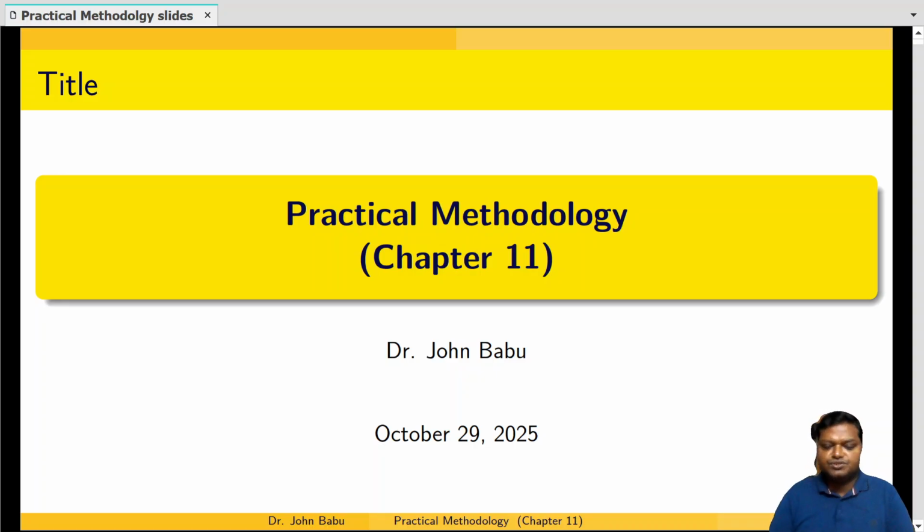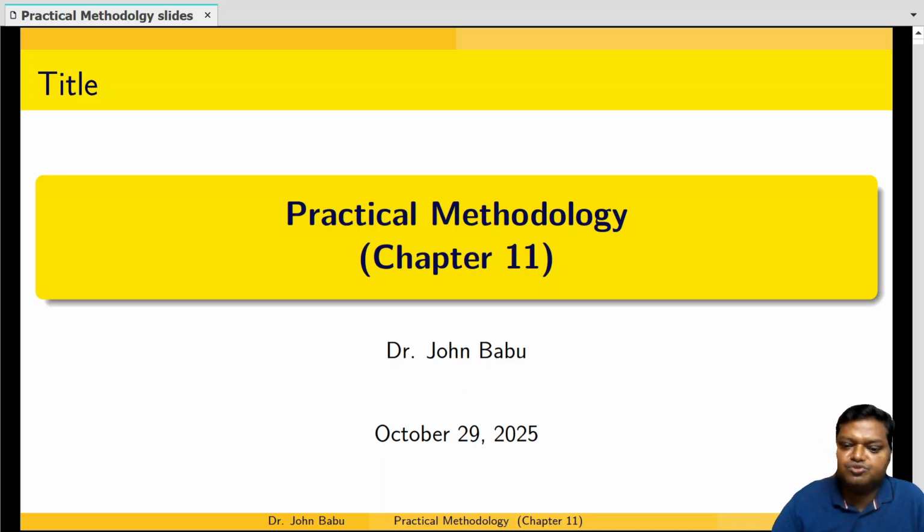Finally, we saw the gated recurrent unit with two gates, the reset gate and the update gate, and how they are used, along with the particular equations. With that knowledge, let us move to the last chapter, which is known as practical methodology.